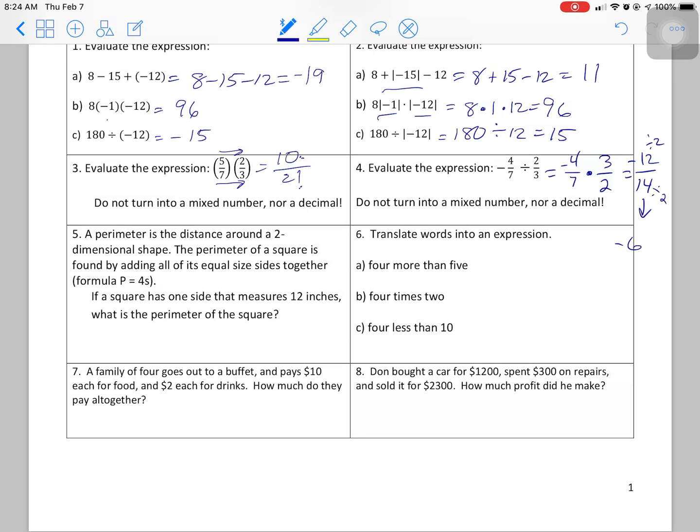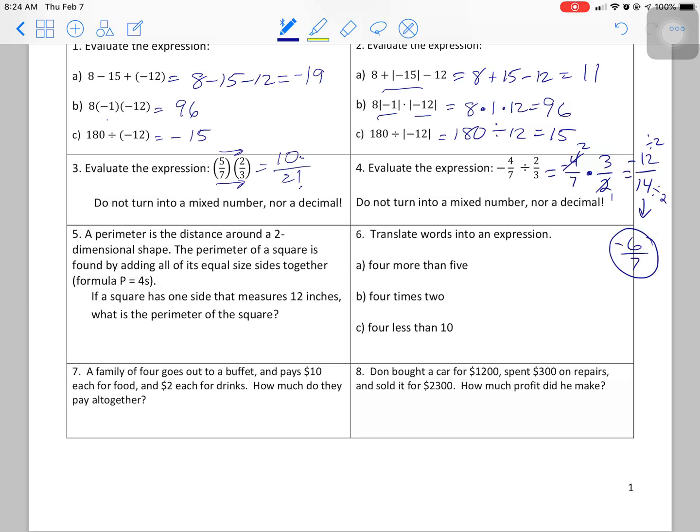So negative 6, do not lose that negative, over 7, that's the final answer. If you want to, you can go back over here and take the 2 out of the 4, and that'll give you negative 6 over 7. I've gotten the habit of doing both because I teach both, and it double checks what I've just done as well. So it doesn't hurt doing it twice.